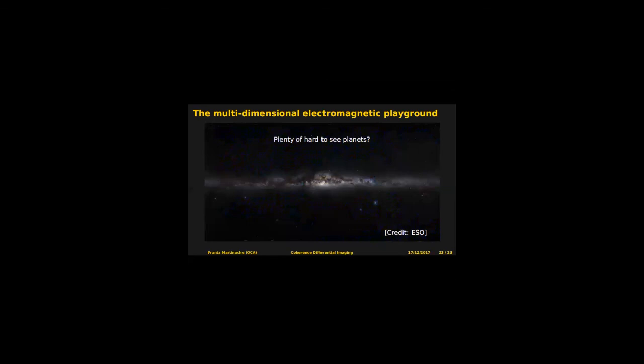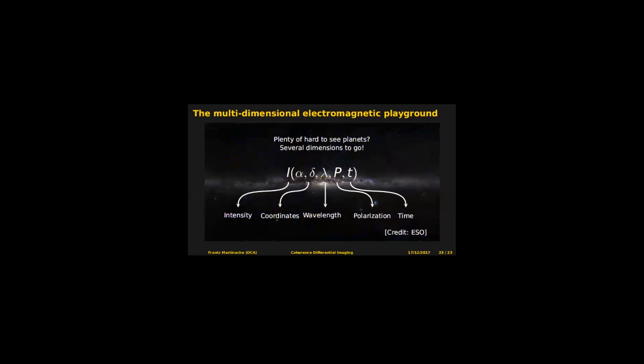And remind you what we started with here, that we have plenty of hard planets to look at, and you've heard me talking about separating them in terms of spatial coordinates. You've heard other people talk about using polarization to discriminate things. You've heard about using time series. And probably the best way to address this is somehow to explore multiple dimensions at the same time.